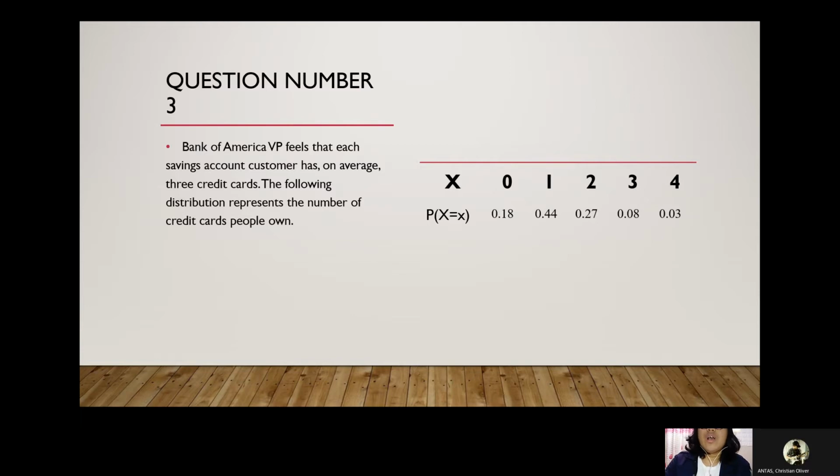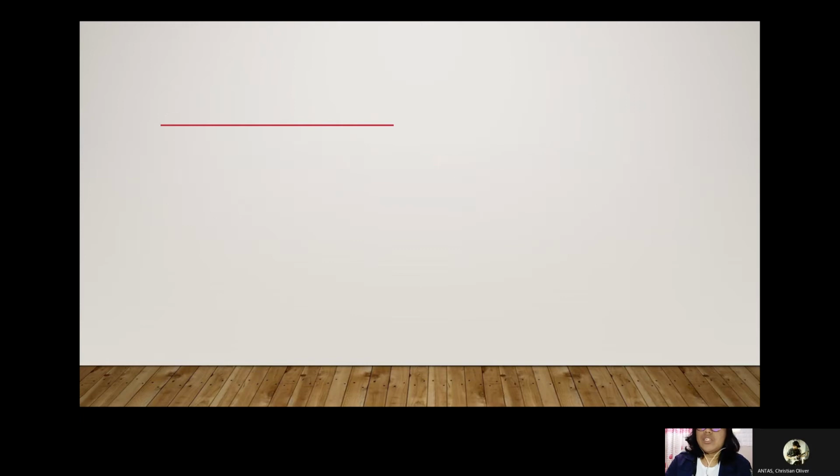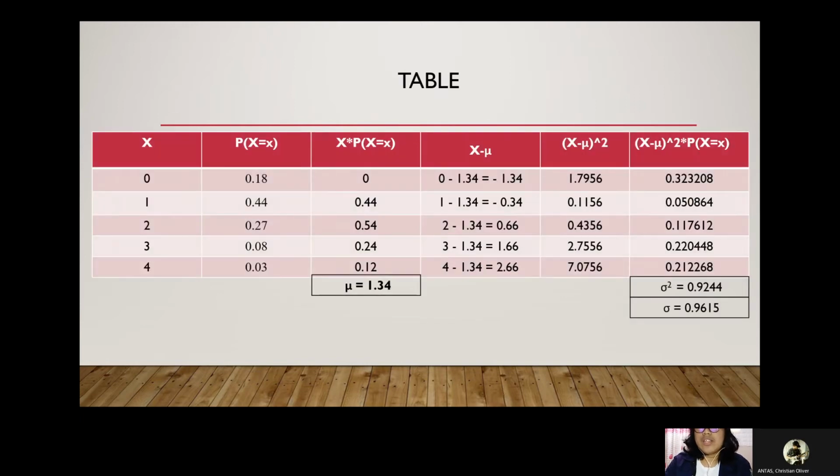We are going to do what we did earlier on question number two, to get the mean, the standard deviation, and the variance.